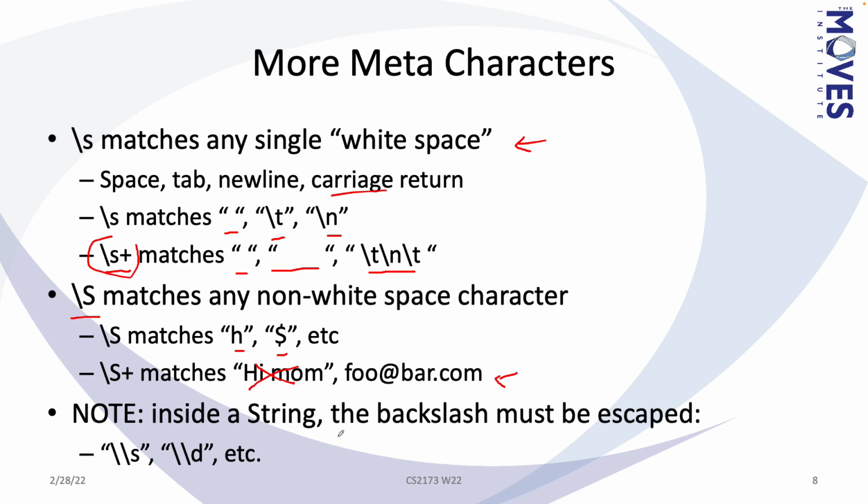So the first backslash escapes the next character, and if the next character is an escape character, like a backslash, then it escapes the escape, if that makes sense. So inside the string, we will always have to use double backslashes to specify that. Hopefully when I get through this, I'll show you some examples.